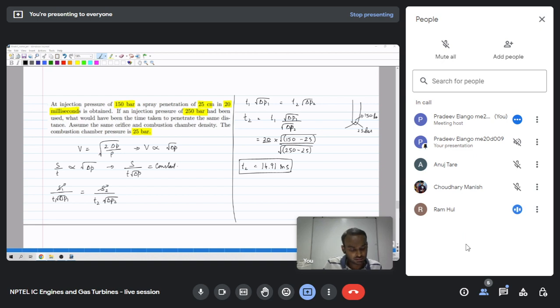I think these are specialized orifices, manufactured through laser beam, right? Yes. Sometimes old injectors were manufactured with mechanical drill bits. We get drill bits for up to say 0.3 mm diameter also.